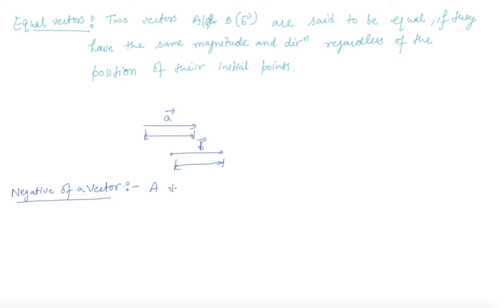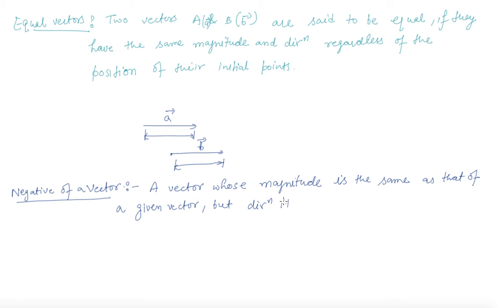A vector whose magnitude is the same as that of a given vector, but direction is opposite to that of it, is called the negative of the given vector.